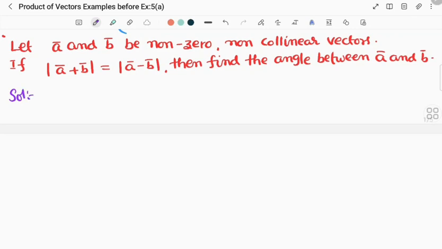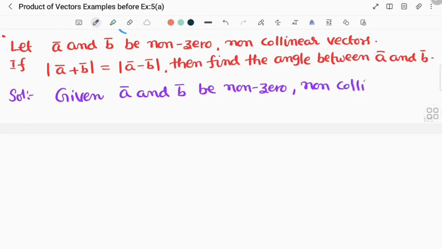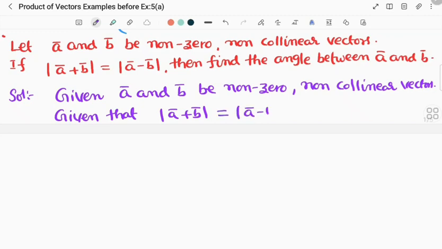So according to the steps, given a bar and b bar be non-zero and non-collinear vectors. Next, given that mod a bar plus b bar is equal to mod a bar minus b bar.